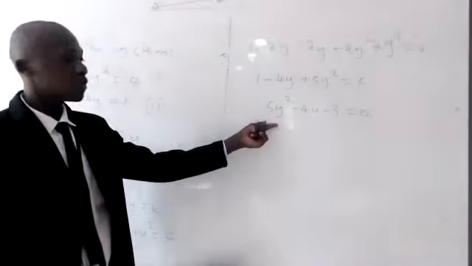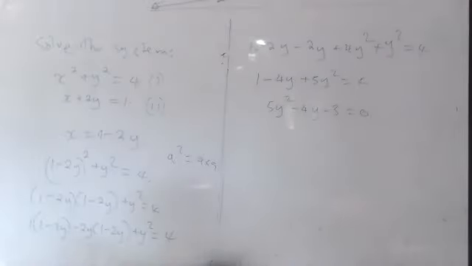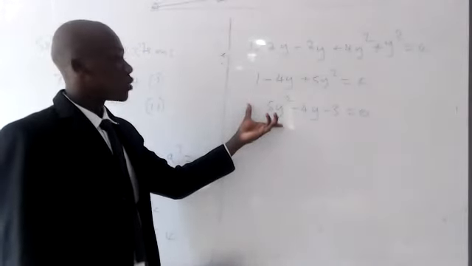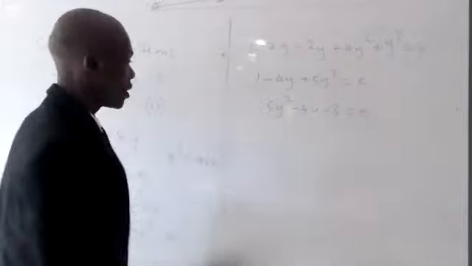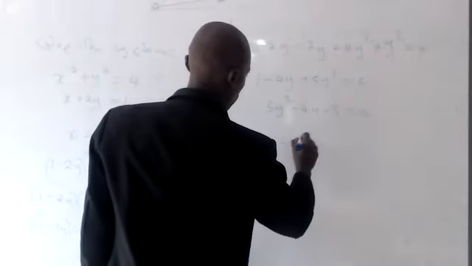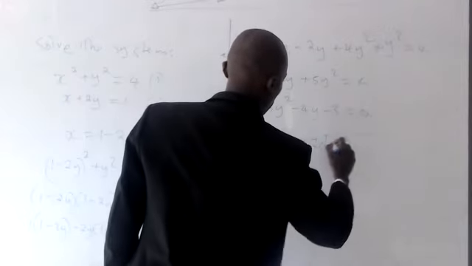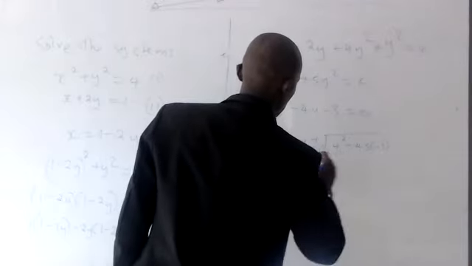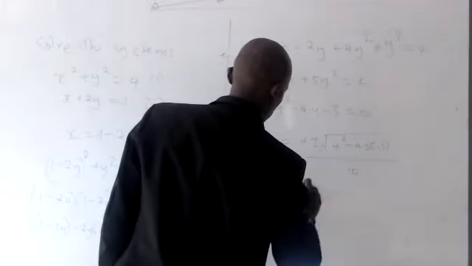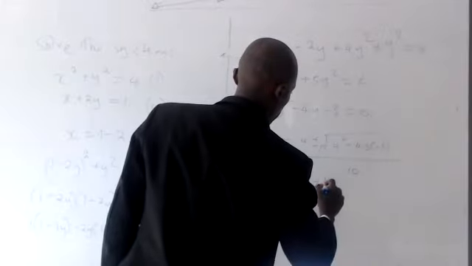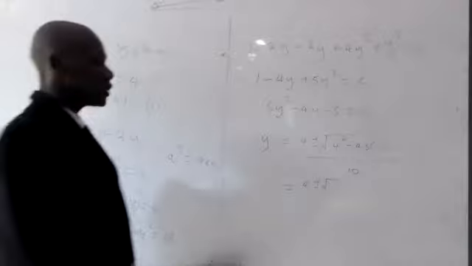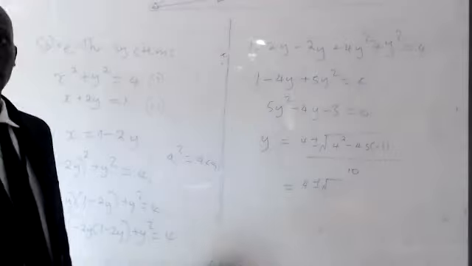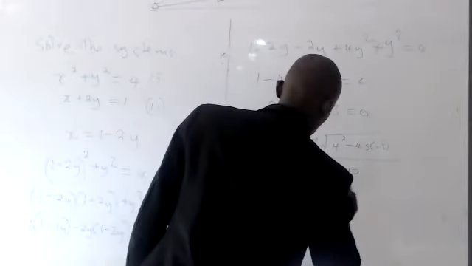Have you made such equations before? 5y squared minus 4y minus 3. What kind of equation is this? Quadratic. Quadratic equation. And you can solve this using the formula. So the formula tells you that y should be 4 plus or minus square root of 4 squared minus 4 times 5 times minus 3, divided by 10. So 4 squared is 16. 4 times 5 is 20. 20 times 3 is 60. 60 plus 16 is 76.